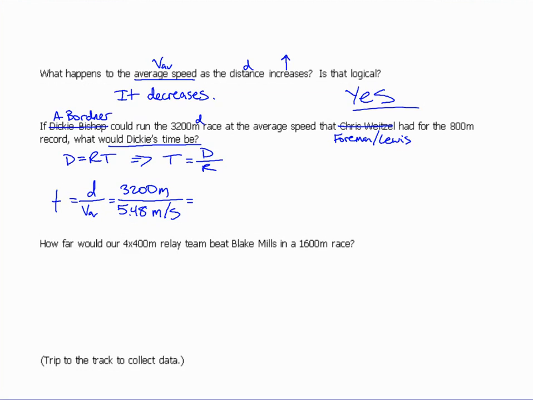This one will go into the calculator. And we have a time of 583, let's say 9. And that is per second, which makes it seconds.